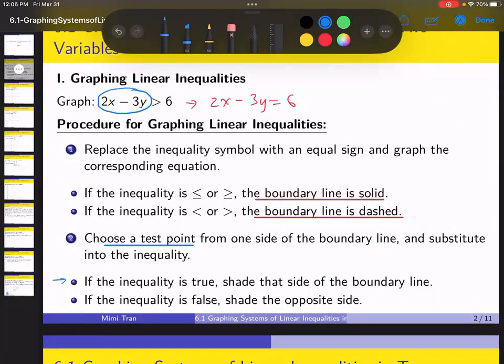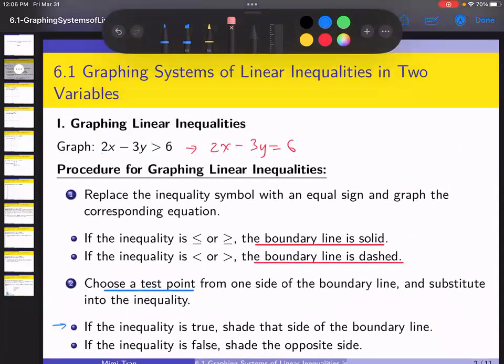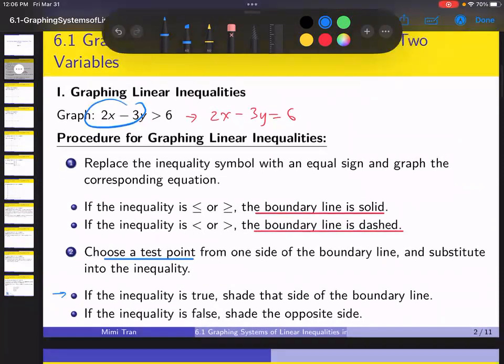If you plug it in and it turns out to be, say, 4 or -2, something less than 6, then you know your solution will be on the opposite side. If the inequality is false, then you shade the opposite side. So that's the procedure.